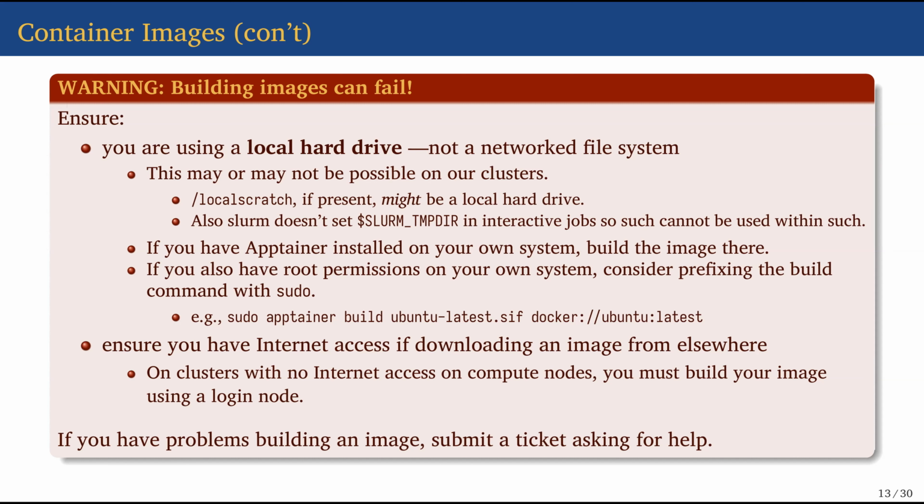That's why I say submit a ticket and ask for help. In some cases, it is just easier for someone to build it on a local machine and then upload it to the cluster. These are things that we're looking at and may resolve over time, but it's just a reality. Because once you have the image, you're golden.